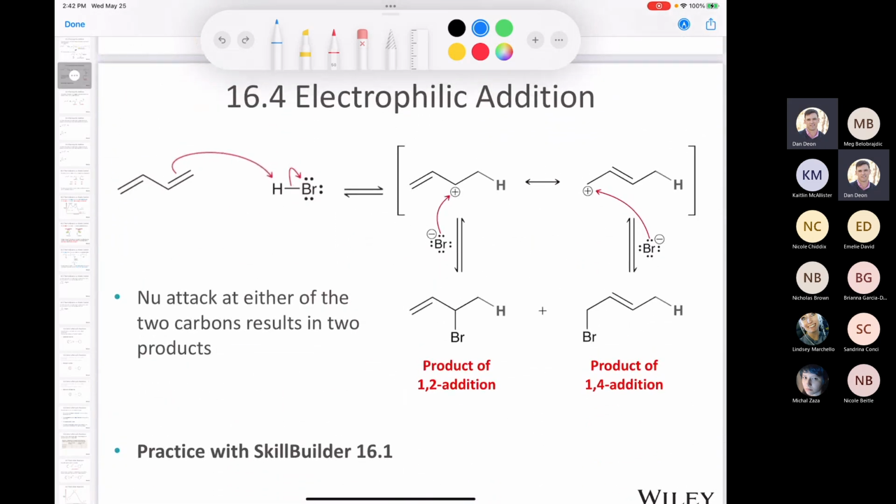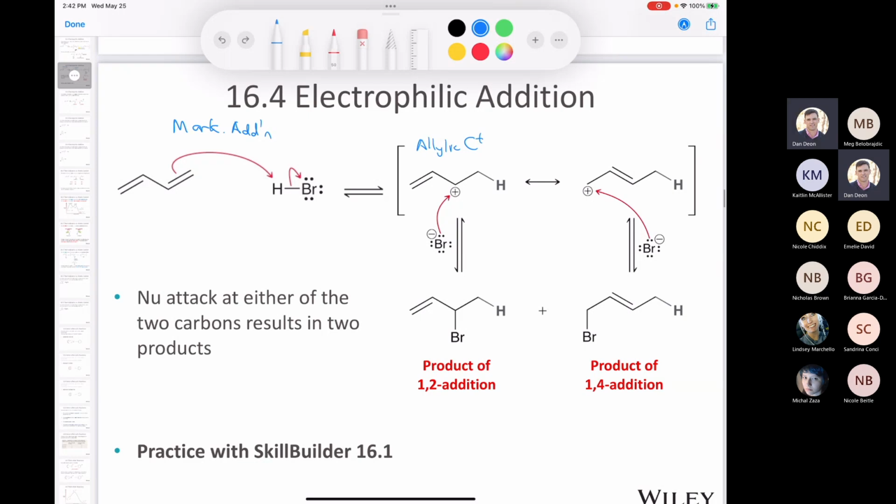Here's the entire mechanism. We do the Markovnikov addition. First step, HBr is added across the double bond. You could do it to this double bond or this one. It wouldn't matter. You're going to get the same answer no matter what. You end up with an allylic carbocation, which has this resonance contributor as well. So you've got two carbocations, and the bromide could attack either one of those carbons.